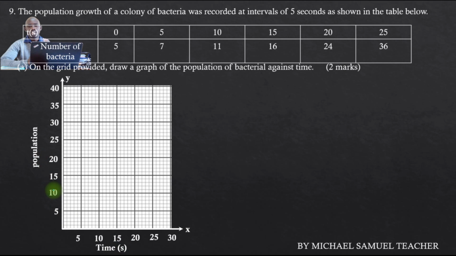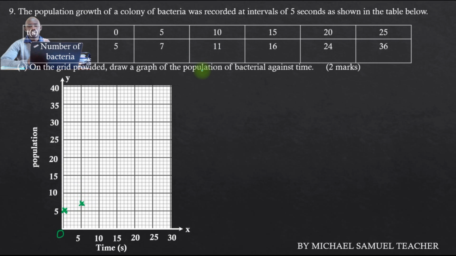When time is 0, the number of bacteria is 5. When time was 5, the number of bacteria was 7. On the y-axis, the small square represents 1, so 7 will be exactly at this particular point.